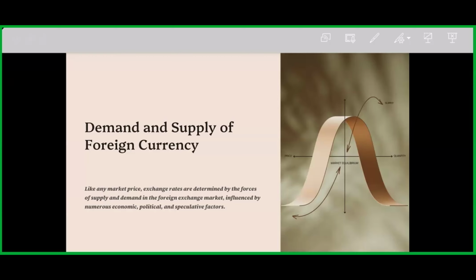That means these two powers are near to each other with respect to economic development, with respect to the valuation of their GDP. But America is a politically stable country from its independence.